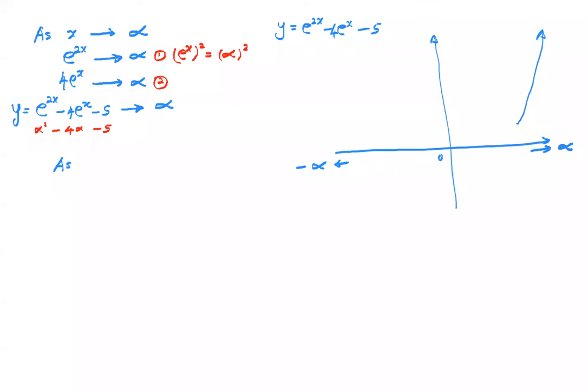Now let's study another direction, the negative direction. As x tends toward negative infinity, what happens to e to the power of 2x? It tends toward 0. And how about 4e to the power of x? It also tends toward 0, correct?